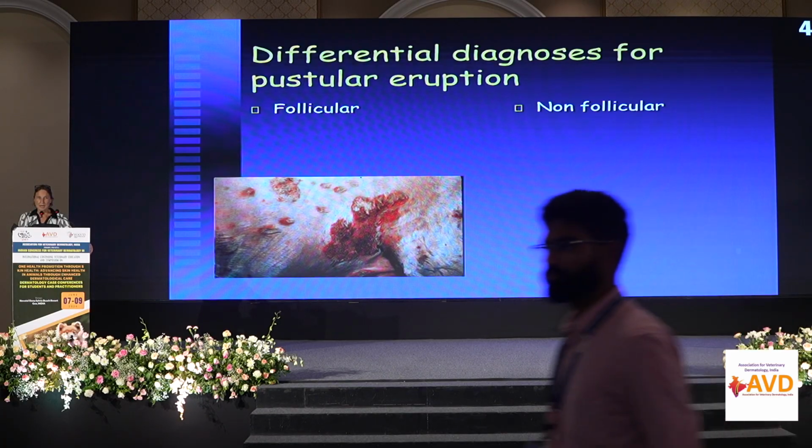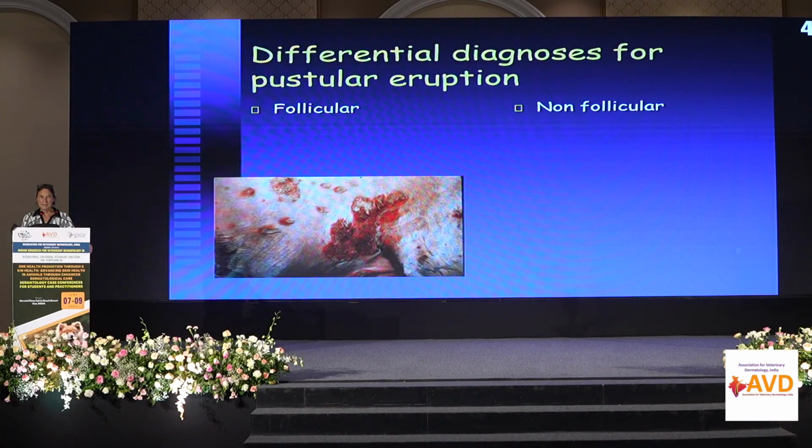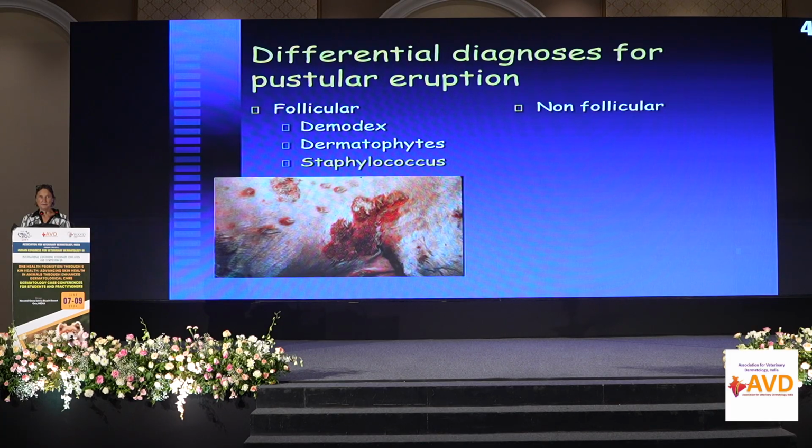So the way I remember this for myself is thinking it this way. One way to have crust is to have a pustular eruption. And the pustules can be either follicular or not. So when I have a follicular disease, I think about Demodex, dermatophytes, and staph, and so I put that on my list. And again, staph being the most common one when you're dealing with dogs.